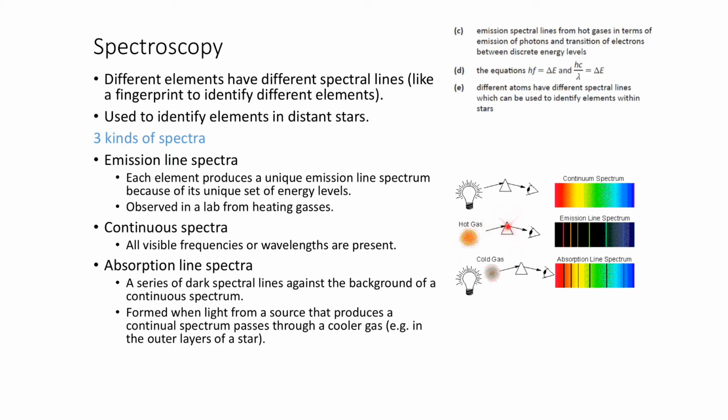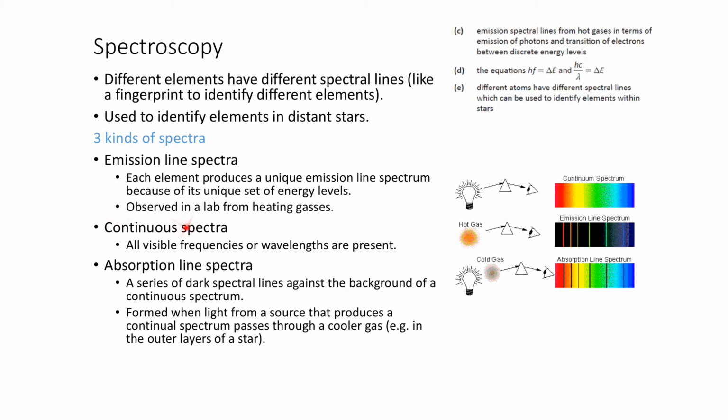We can then put it through some kind of prism to separate the lines, just like you would when you look at a rainbow. And then we can view what it looks like when those lines have spread out. So the one with the black background, that's the emission line spectrum. And that's what we meant when we looked at figure 2 in your book. So these lines here all represent a particular element.